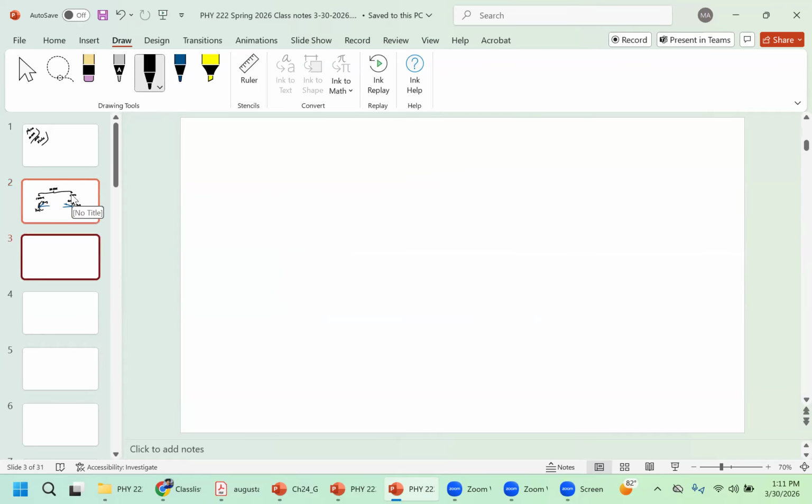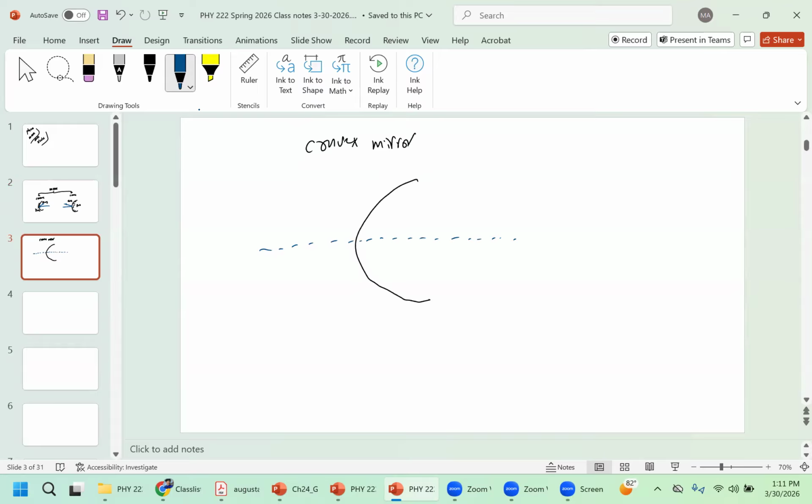And when we talked about it, we said, like for a convex mirror, I'm just going to use an example. In the middle of the mirror, that's going to be your principal axis that we talked about last time. In the middle over here, there's going to be your pole.